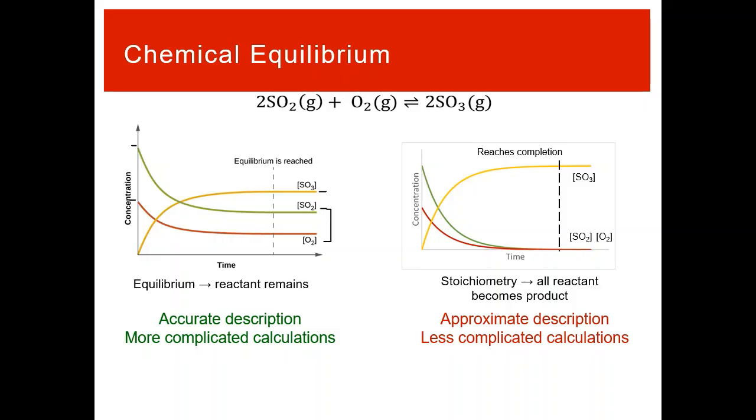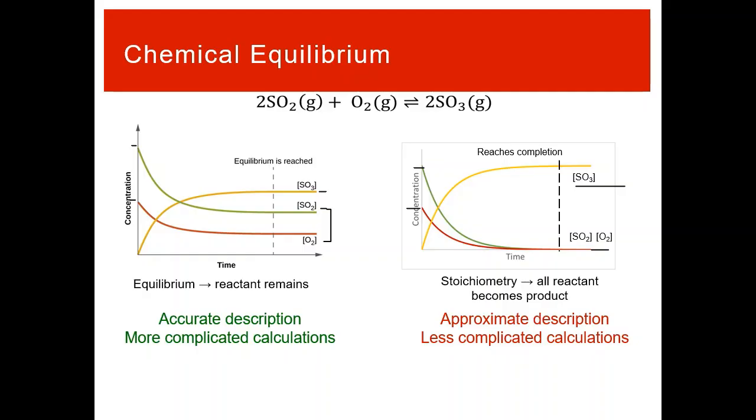You can figure out how much product you make and how many reactants are left. It's more accurate, but more complicated. An approximate stoichiometric description is that you start with some amount of reactants, their concentrations go to 0, and all that's left is some product. So this will always be approximate.